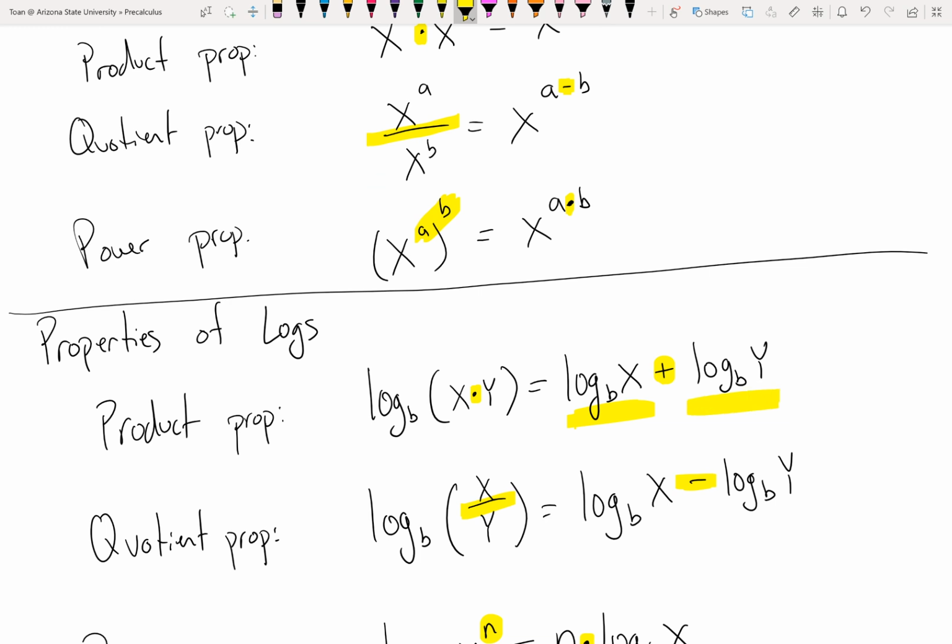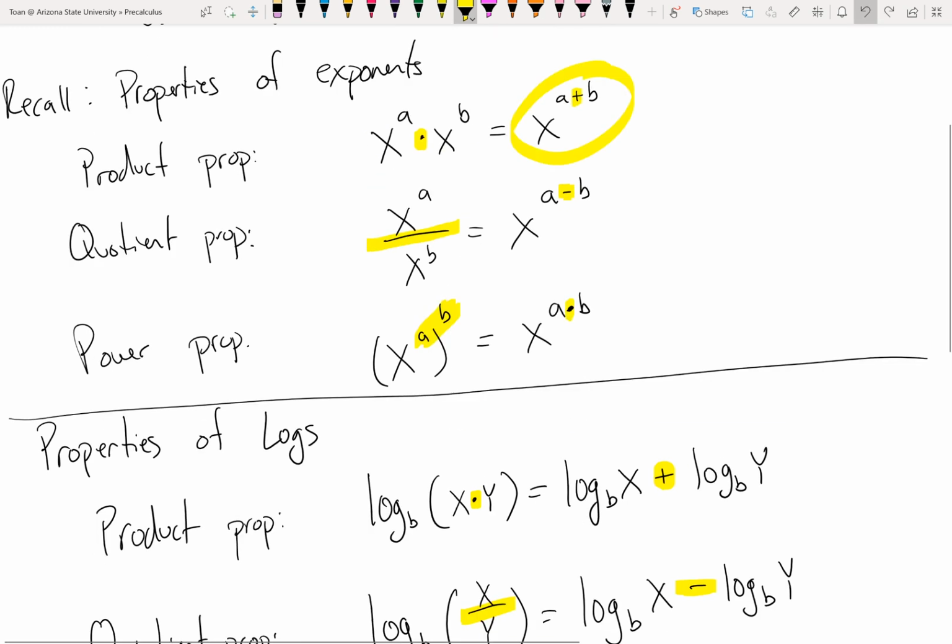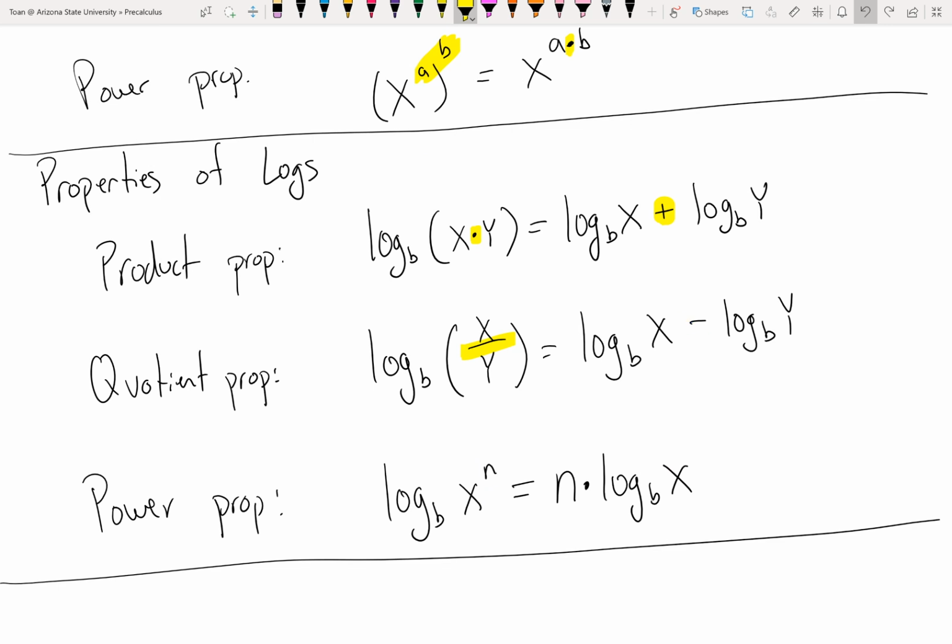Individual logs are individual exponents, so when there's multiplication, you add them. It's a neat parallel to see that the properties of logs are nothing more than properties of exponents in disguise. So hopefully it doesn't take a lot to understand and memorize these, because you should already have them memorized if you know your properties of exponents.